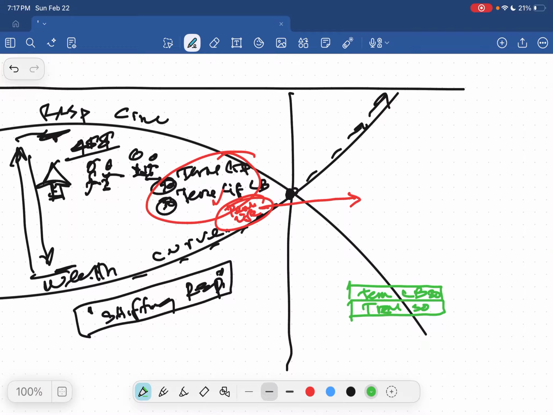But the client says they need to have 1.5 million in coverage. What do we do? Well, we do something like this. This is permanent, 100 years.